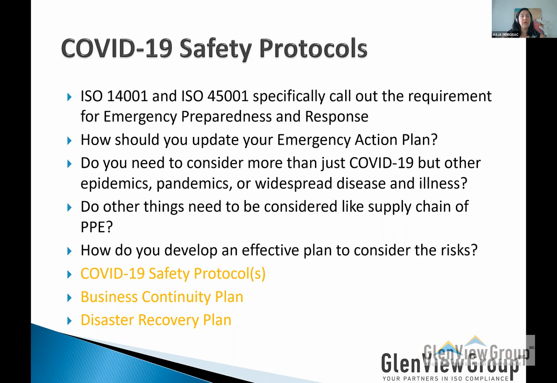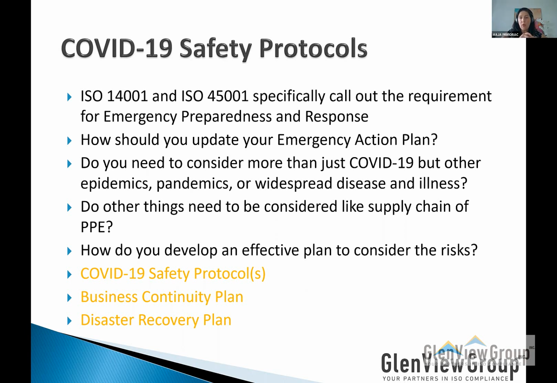And so given the fact that you're going through the changes and documenting the risks, well, you probably will be led to take a look at your emergency action plan and to take a look at, sure, you need to write in what is your response should somebody say that they are feeling the symptoms, but then at the same time, do we really need to take a look at any other potential epidemics, pandemics, or widespread diseases and illnesses?